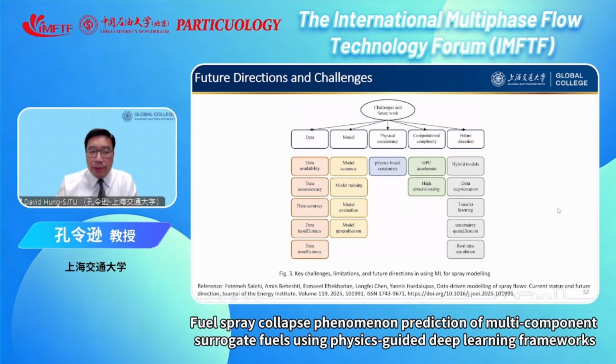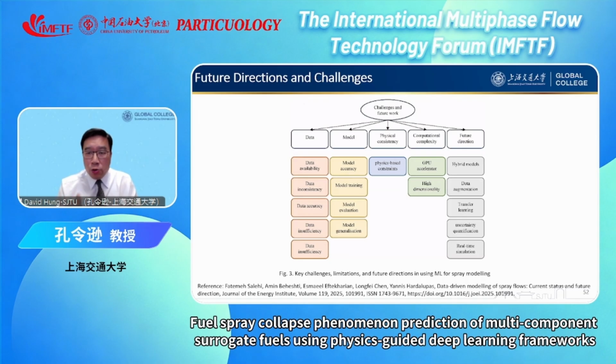So in summary, I think the future directions for our work in terms of spray and atomization, and specifically using machine learning to be able to predict, is quite promising. At least the work that we have done shows that type of promise.